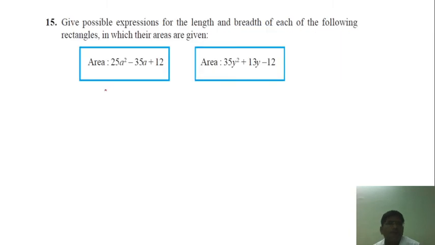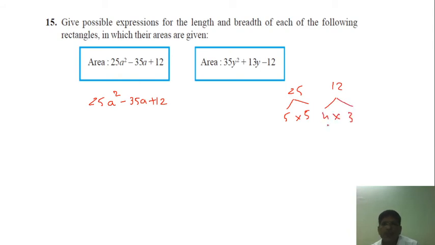Now next, possible expansion of length and breadth. So now factor 25a square minus 35a plus 12. We have to make a factor of 25, that is 5 into 5, and factor of 12, that is 4 into 3. Now I want to make 35. So 5 4s are 20, 5 3s are 15, 20 plus 15 is 35.